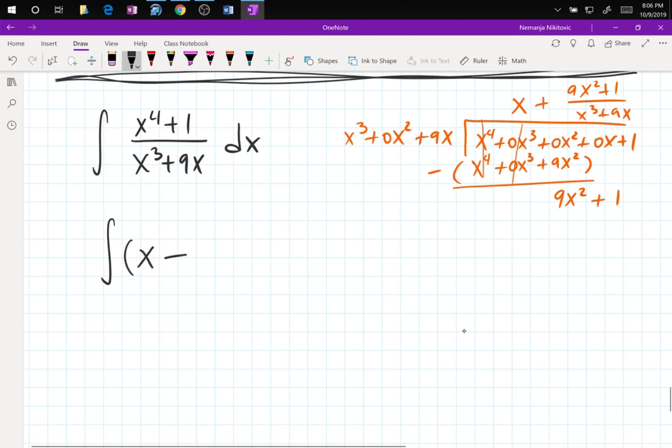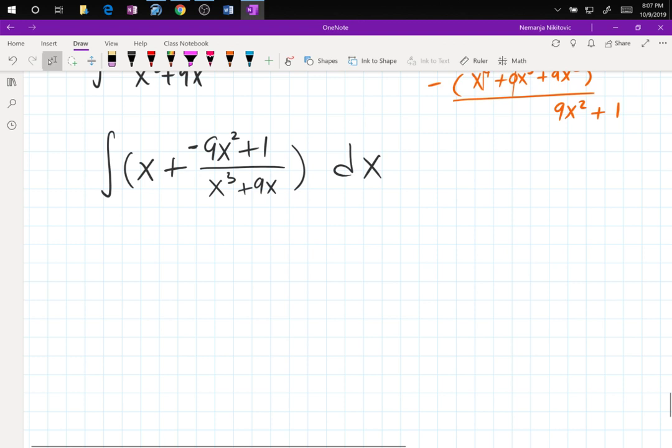It's x plus negative 9x squared... negative 9x. Okay, fine, you win. I was testing you. Negative 9x squared plus 1 divided by x cubed plus 9x dx.